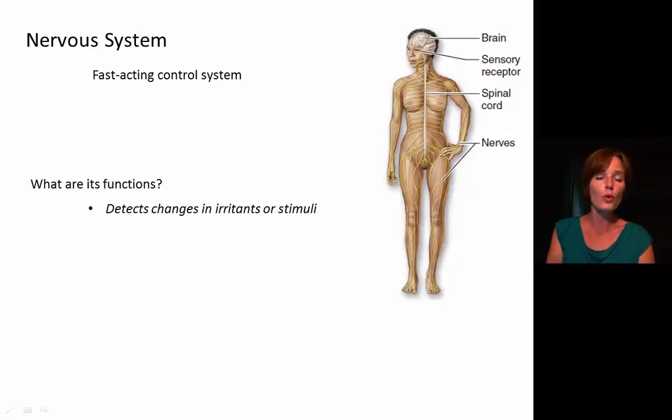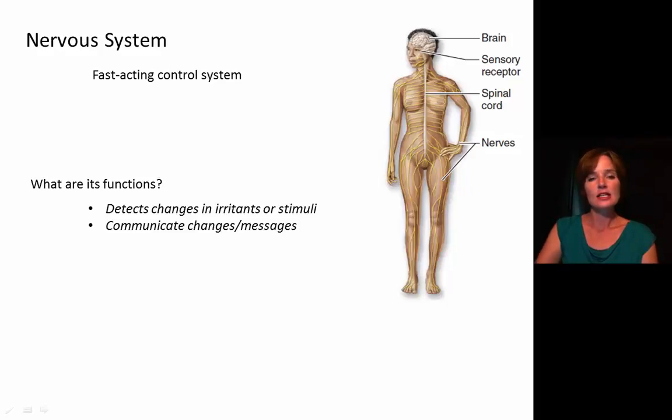As far as the functions of the nervous system, we said that it's the fast-acting control system. So one thing that it has to do is detect changes in irritants or stimuli, and this could be stimuli exterior to the body, so on the outside in our environment, or it could be different areas within our body. So different regions of our body are going to have irritants or stimuli there, and the nervous system is going to be detecting those.